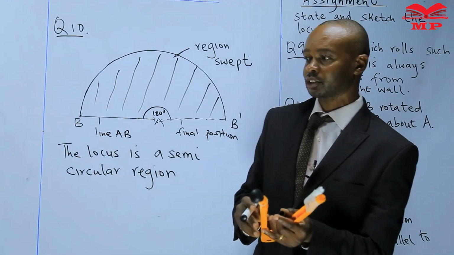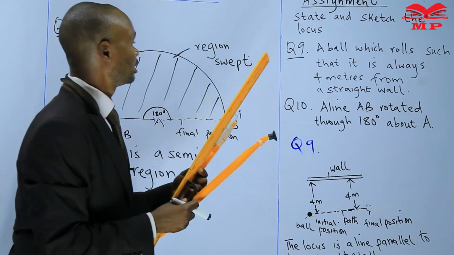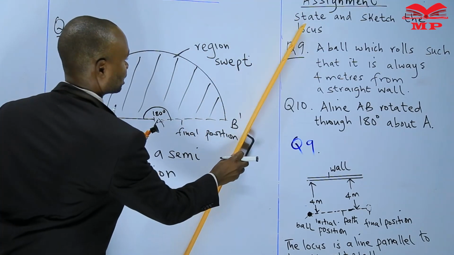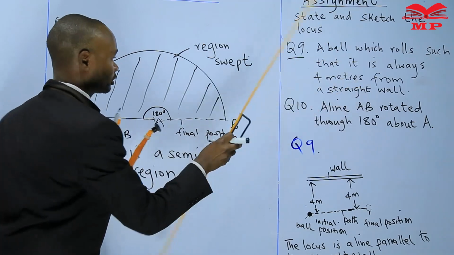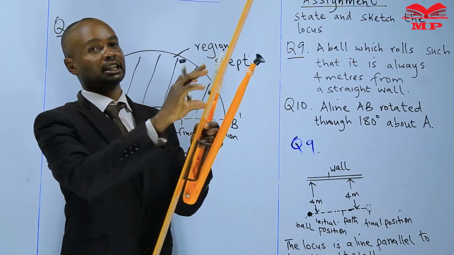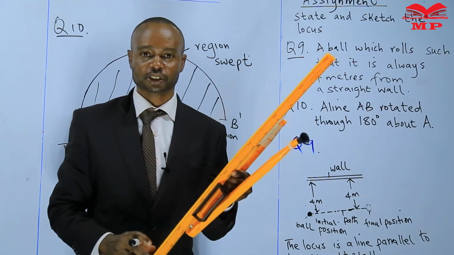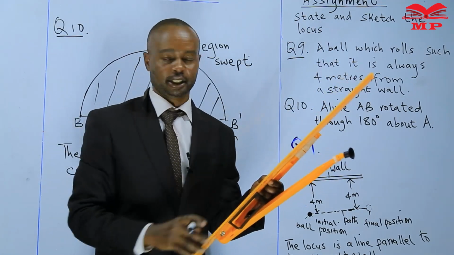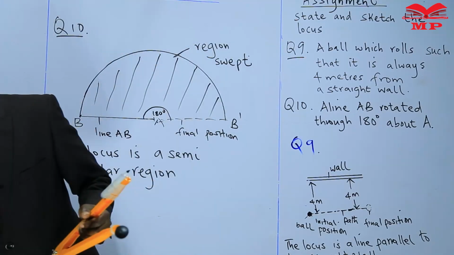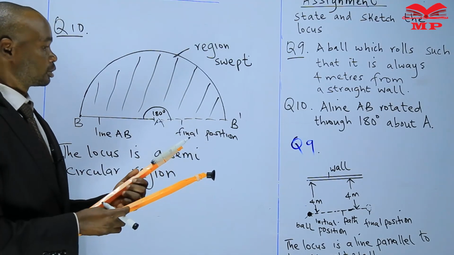If I have a straight edge and put it on the board and rotate it, it will sweep a region. The line is just like an edge, like a duster, which sweeps an area or a region. That gives you the solution for that.